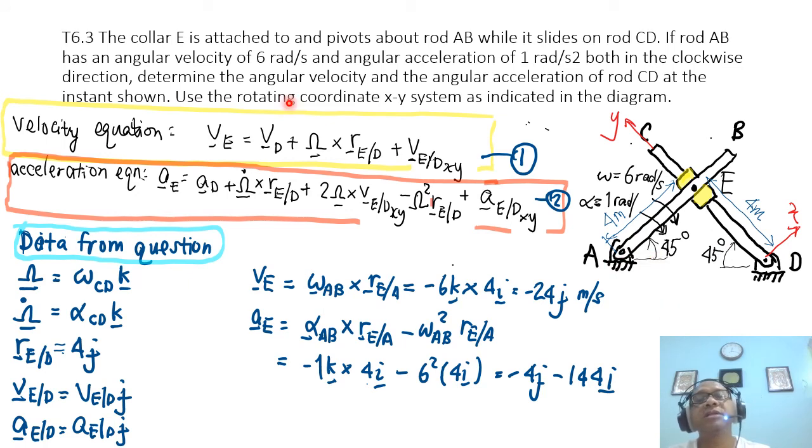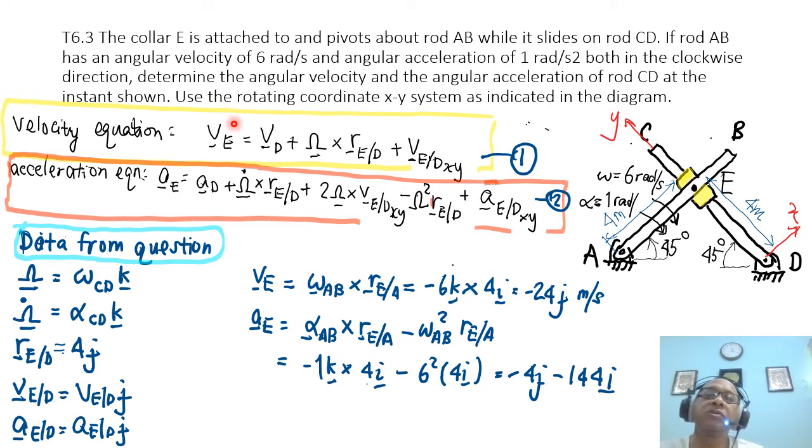So the question asks us to determine the angular velocity and the angular acceleration of rod CD at the instant shown. Let's look at the velocity equation. Can you write the velocity equation for the system? The rotating axis is given here, x and y.